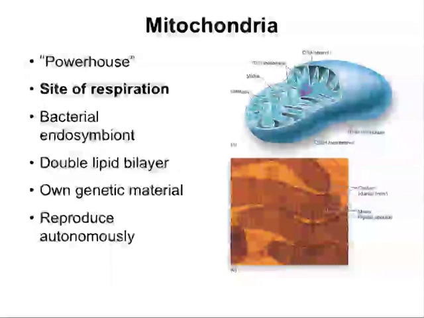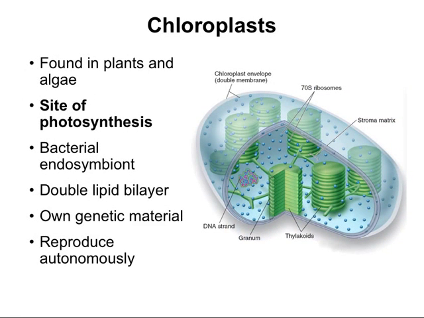Now let's take a look at chloroplasts. Chloroplasts are found only in plants and photosynthetic algae, because they are the site of photosynthesis. Again, they're a bacterial endosymbiont. That is, they probably originally came about because a larger prokaryotic cell engulfed a smaller one that was capable of photosynthesis. Just as with mitochondria, we see a double membrane-bound organelle.